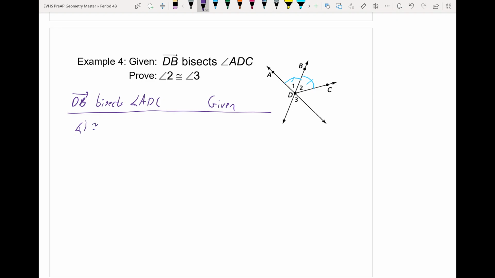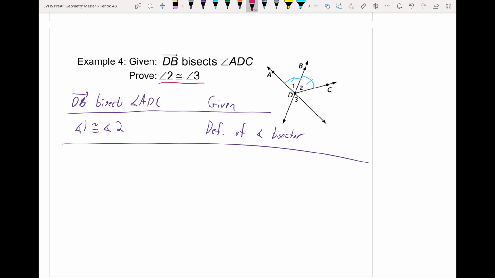Angle 1 is congruent to angle 2, and the reason that I know that is the definition of an angle bisector. Now, I'm looking at it, and I see I need to show that angle 2 is congruent to angle 3. Well, I don't have a direct route there. Oh, but I see that angle 1 and angle 3 are vertical angles.